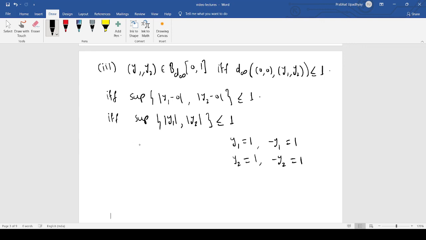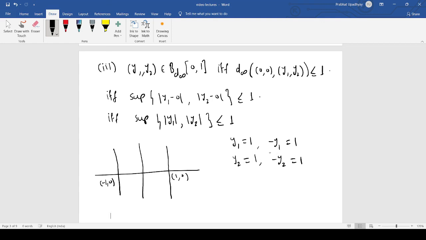Let's try to see it geometrically. If you try to plot the graph of these four lines, say y1 equal to 1, that means this straight line passing through 1 comma 0. Then minus y1 equal to 1 means the straight line passing through minus 1 comma 0.